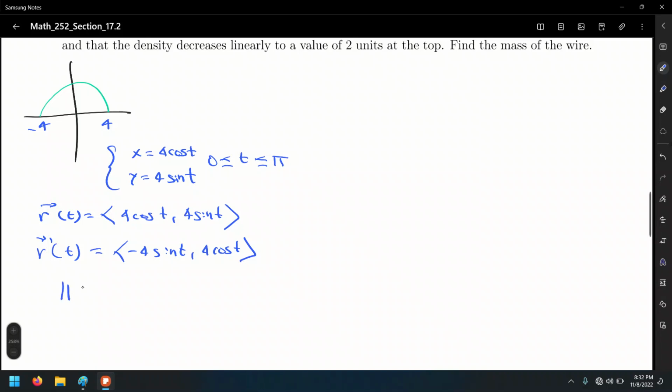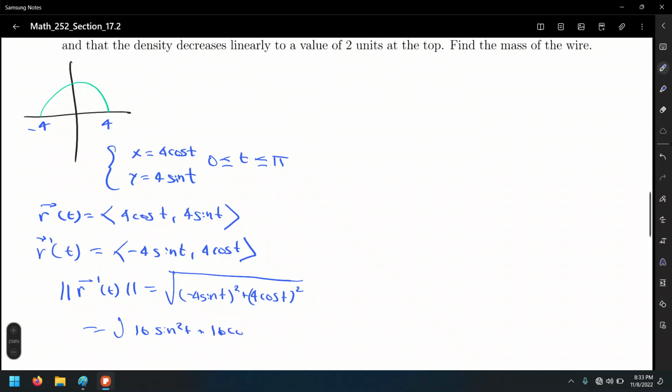Its magnitude will be, as usual, the square root of the sum of the squares of these two components: -4 sine t squared plus 4 cosine t squared, which is the square root of 16 sine squared t plus 16 cosine squared t.